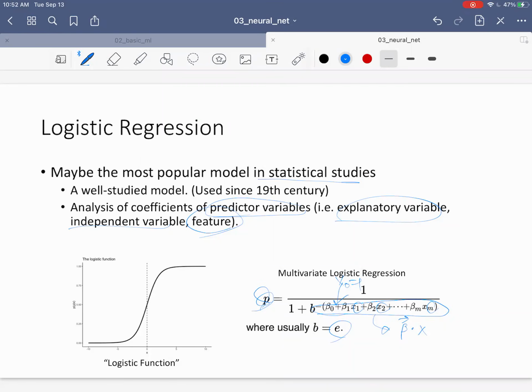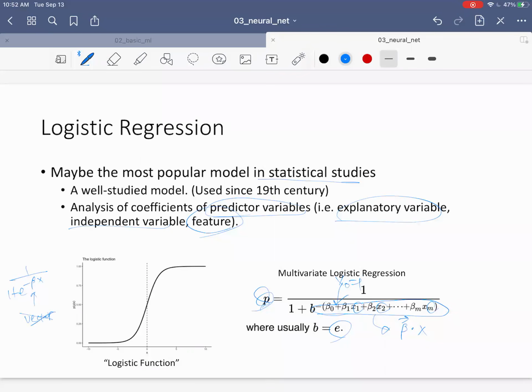We'll actually use this notation more often later. And so your logistic function looks like this. If you simplify it into a univariate situation, it's 1 over 1 plus e to the minus beta x. These are not vectors.